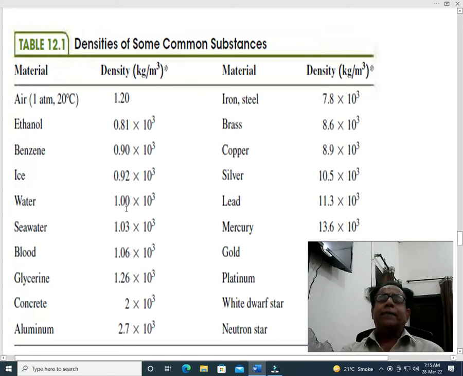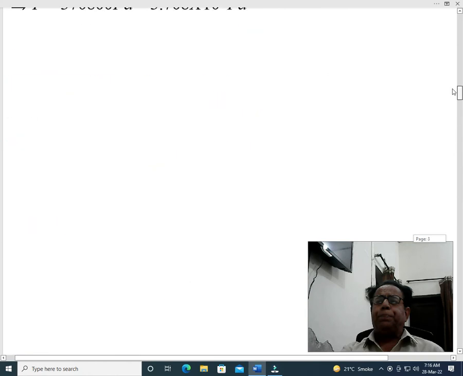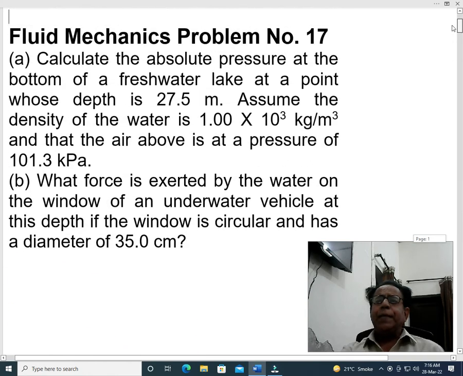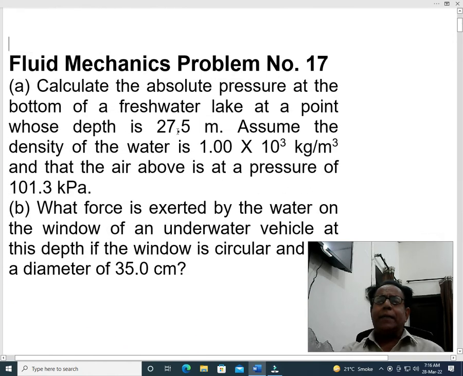In other words 1000 kilogram per meter cube. So these two values, density of water and value of absolute atmospheric pressure, even if not given in this statement, we can find from respective tables. So now we come towards part B.